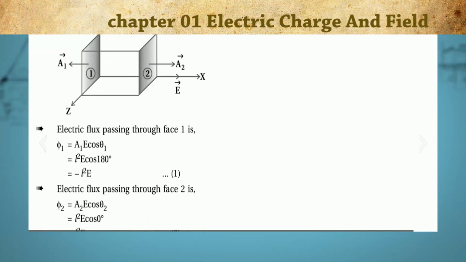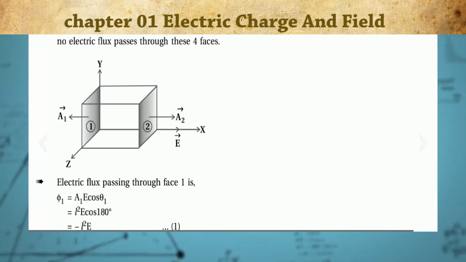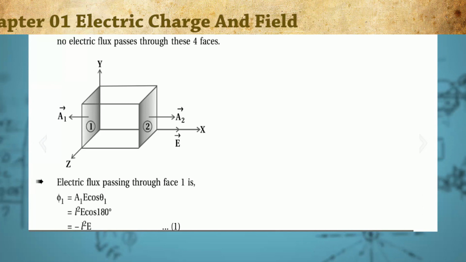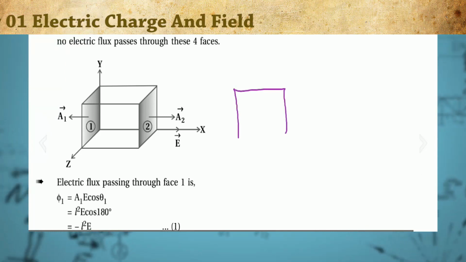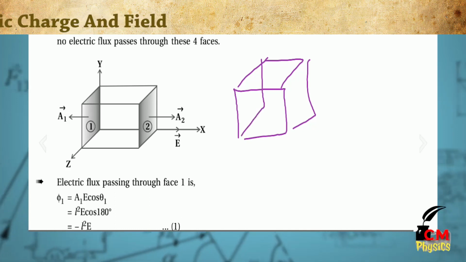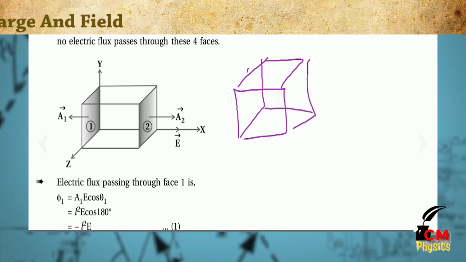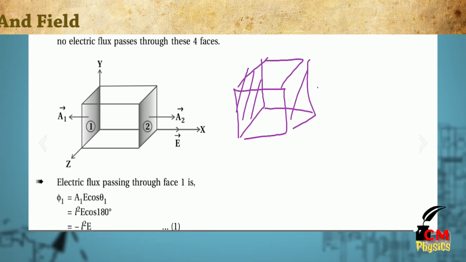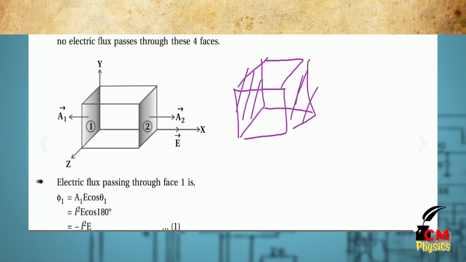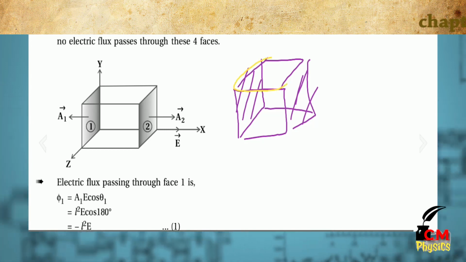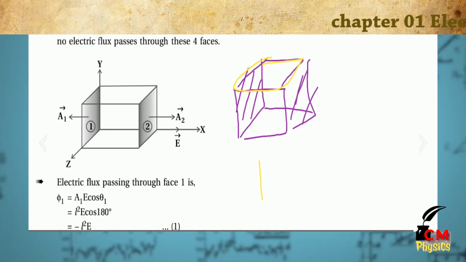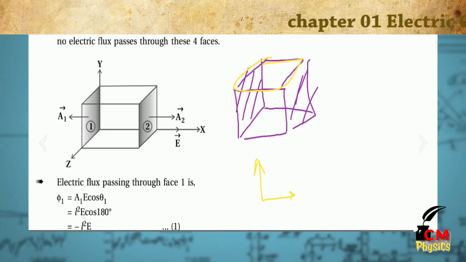Out of six faces, this face has a flux, this face has a flux. The upper top has a value of 0 because the angle is 90 between the A vector and E vector.